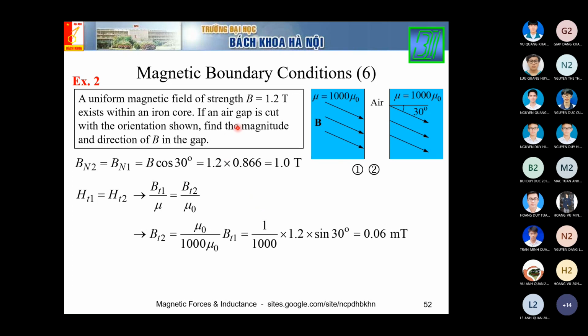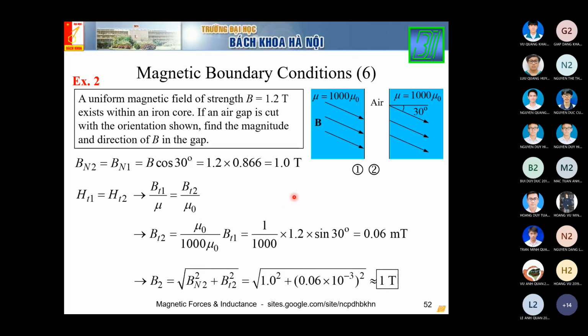And then the question here is to find the magnitude of B in the gap. So here you are. So I want you to focus on these 2 results. The tangential component is 0.06 millitesla, and the normal component is 1 Tesla.